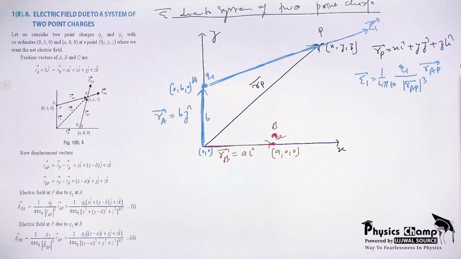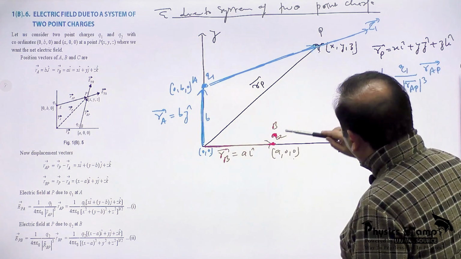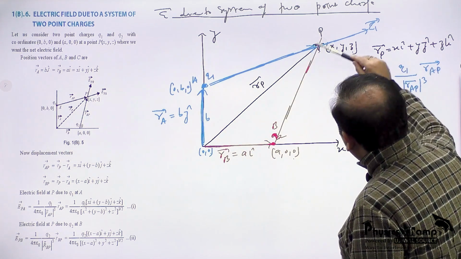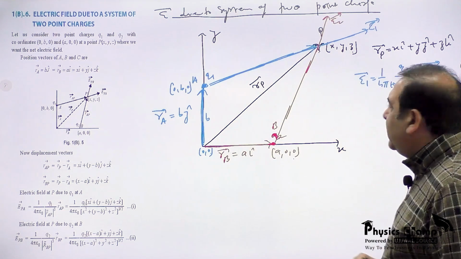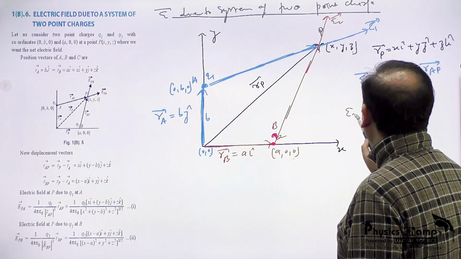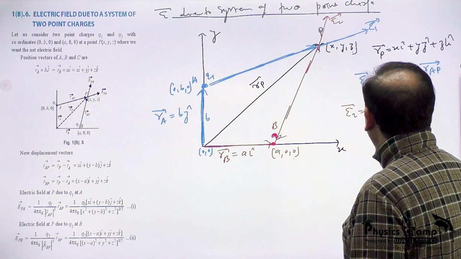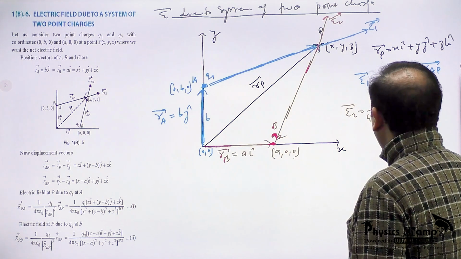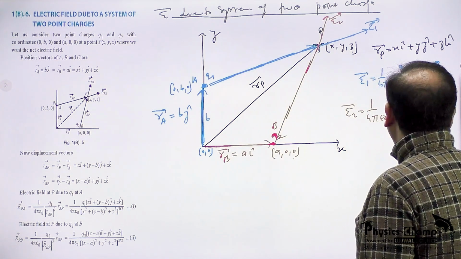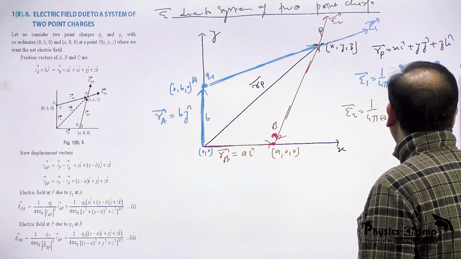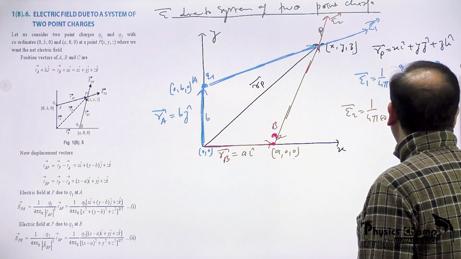Similarly, there is another electric field at P which is due to B, E2. Now E2 will be 1 by 4 pi epsilon naught Q2 divided by magnitude of RBP vector cube into RBP vector.